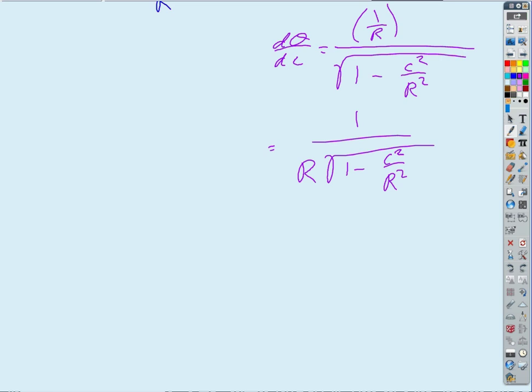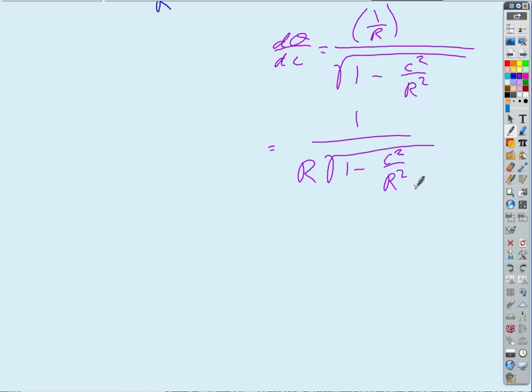There's really two ways we could do it. We could factor out a square root of 1 over r squared, or we could even distribute that r inside the square root, but we've got to be careful with that. r is some positive constant, it's a radius. So r is the same thing as the square root of r squared.